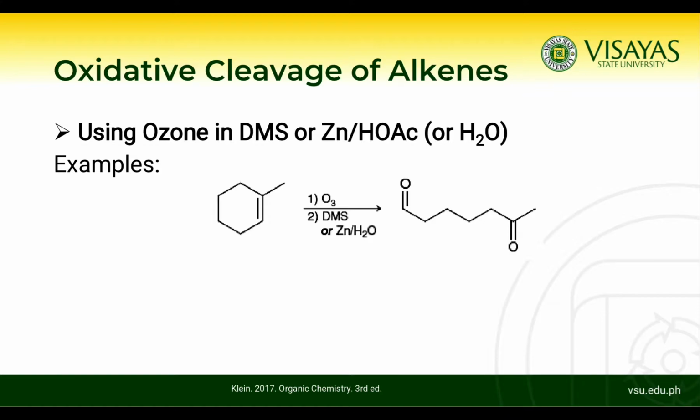Okay, here we have another example. In this example, we have a cyclic alkene. So, upon adding ozone in DMS or zinc in acetic acid or zinc in water, the cyclic structure opens.